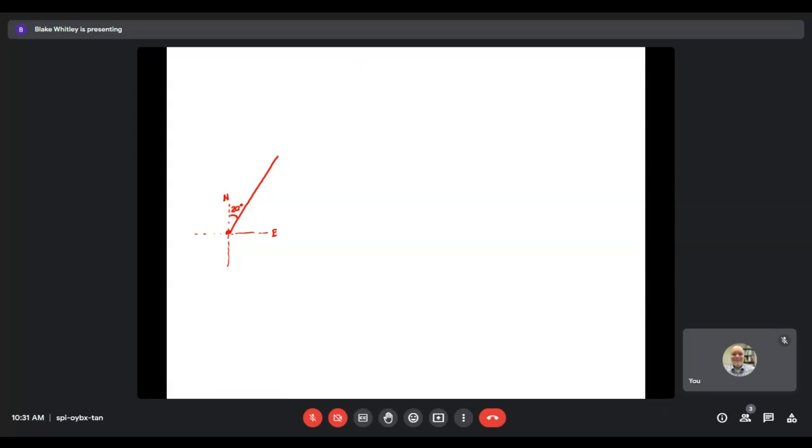Now, after he's flown for some time, he makes a course correction. So I'm going to draw a new compass in here. And from that point, he's going to go north 40 degrees east. So that's going to look something like this.